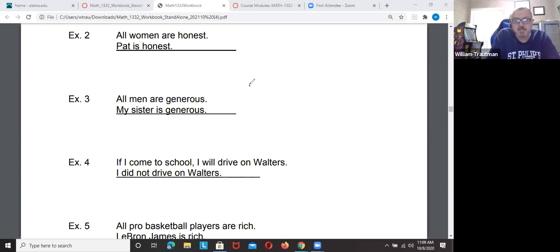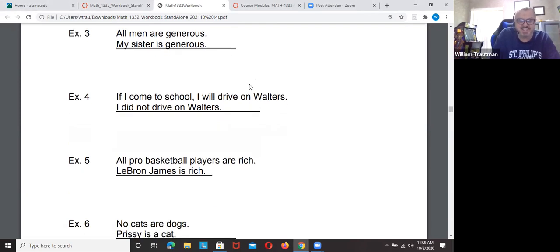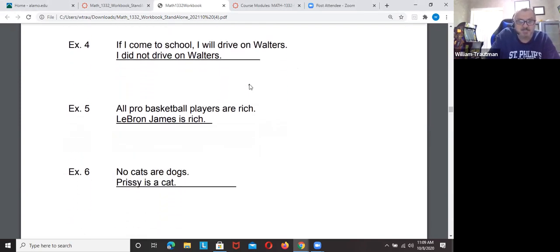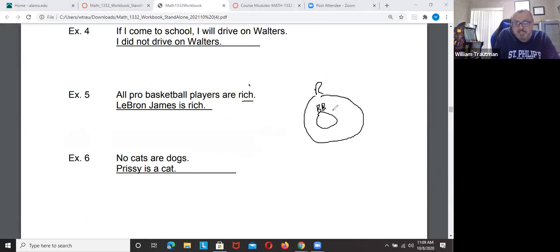This one sometimes has my classes arguing. LeBron James. All basketball players are rich. So rich is the second one. We put that as a circle and we put basketball players in here. All basketball players are inside the rich circle.